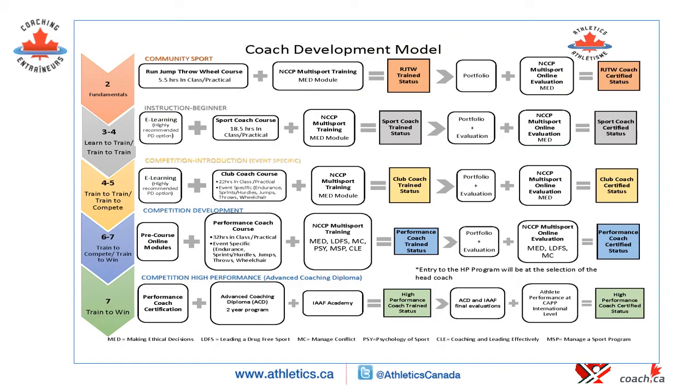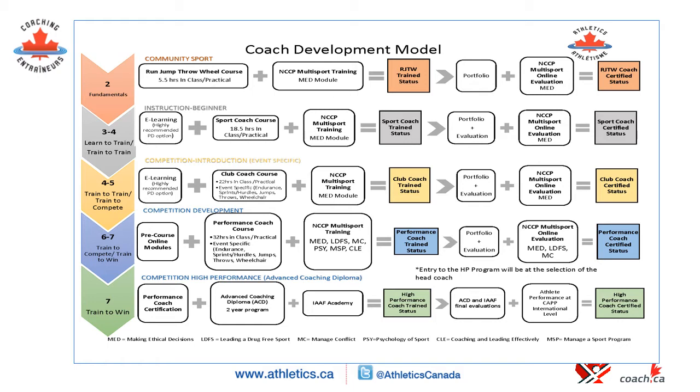This is the coach developmental model in athletics. It looks complicated, but it's not. Each program follows the same basic pathway. First, there may be some online learning that you need to do before you go to class. Then there's the athletic-specific clinic that goes over the technical requirements for your chosen context, as well as some theory with athletics-based examples.